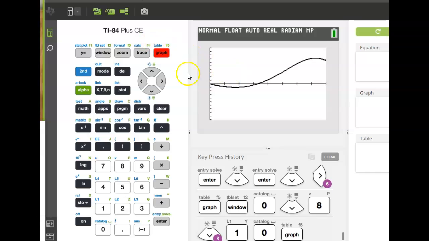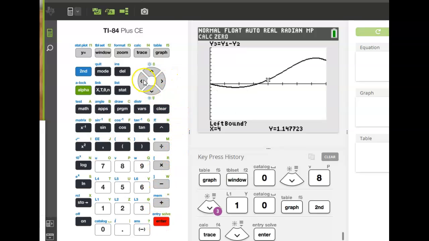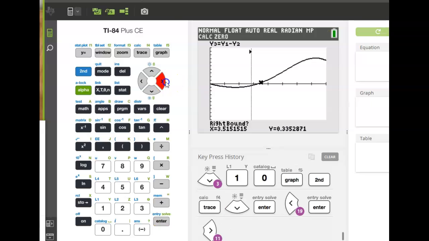Okay, so let me show you. Remember how we do zero? Go second, trace. Go down to option 2, zero. Then we'll have to take a look at it. So then I have to do left bound, right bound. And whenever it says take a guess, there it is, 3.27. Now we want to take that whole thing.